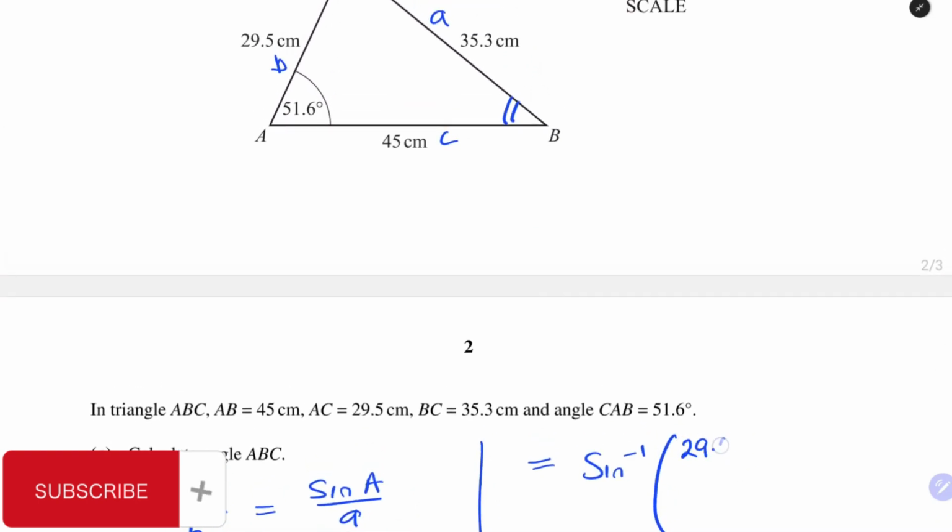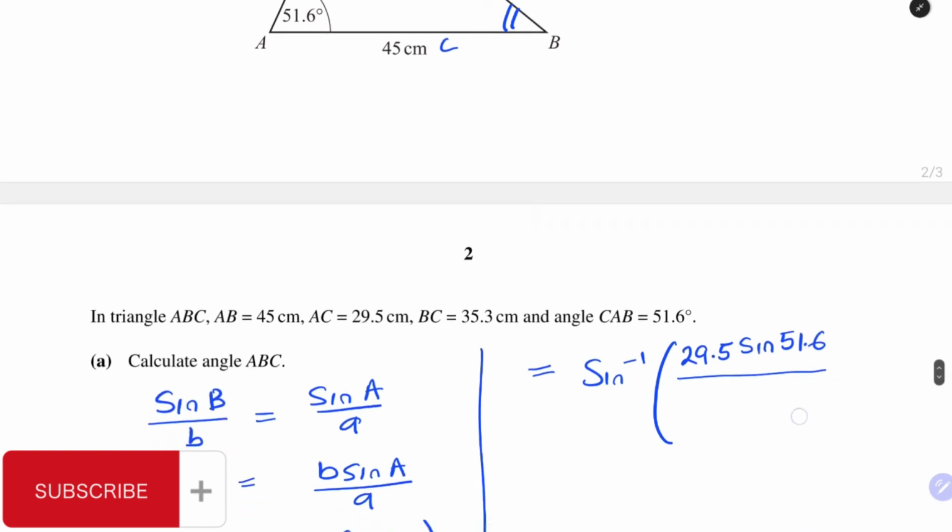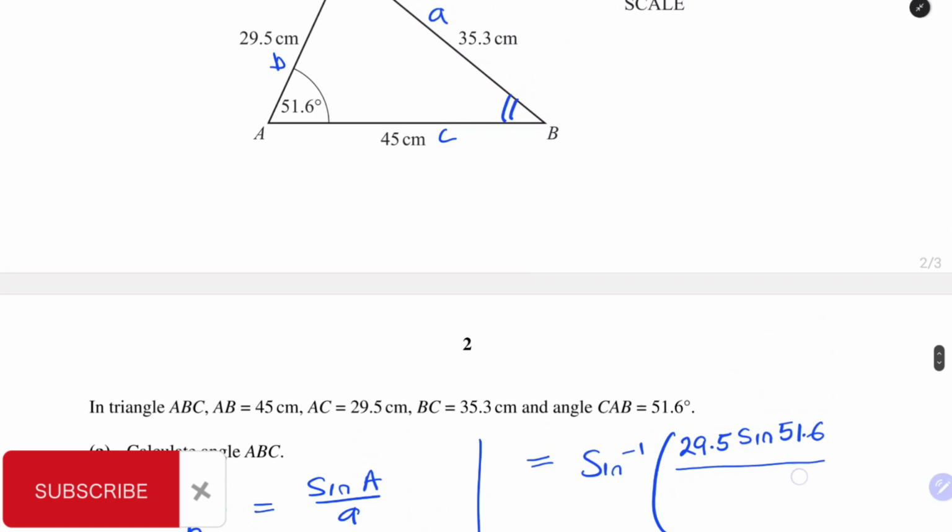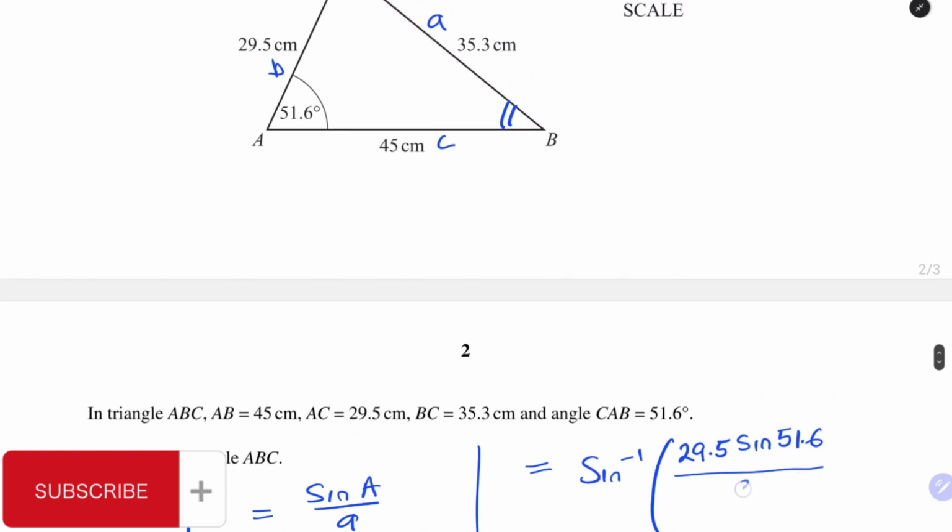So our b is going to be 29.5, sine A. Our angle at A is 51.6, divided by a. Our a is 35.3.